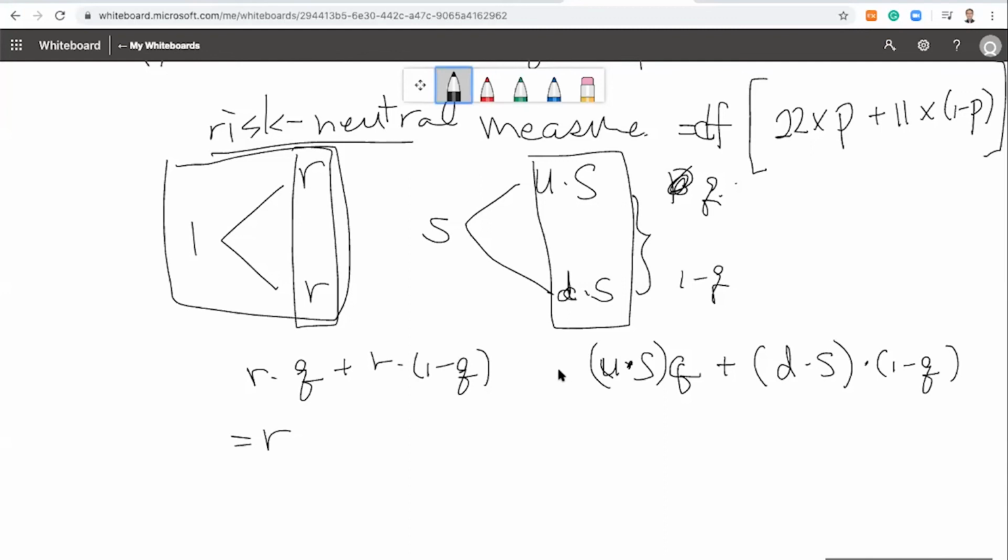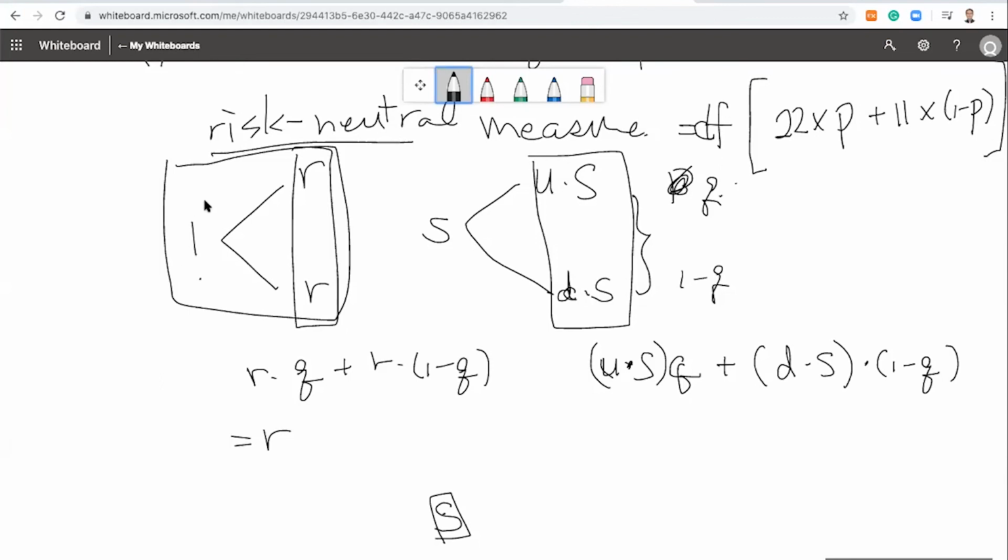Now suppose that I have this amount of money, S. Then the risk neutral guy has two different opportunities. One is that he can put S dollars in the first product.